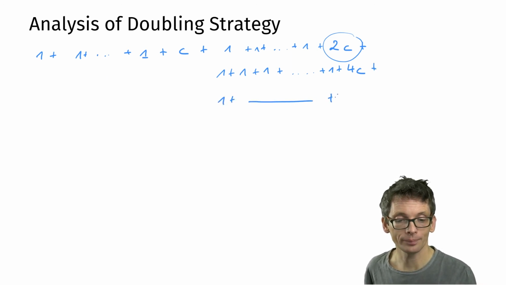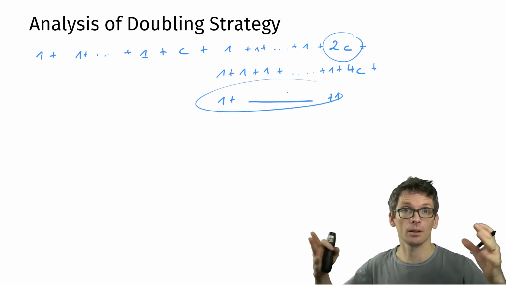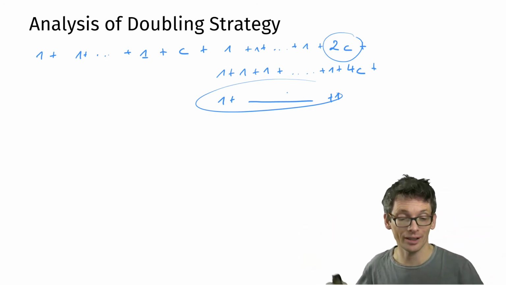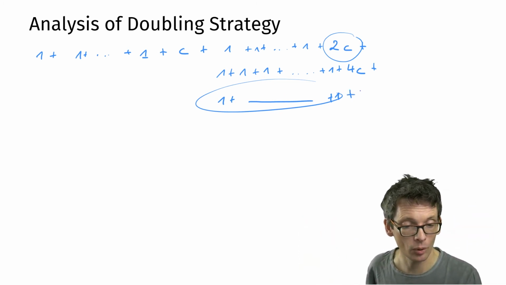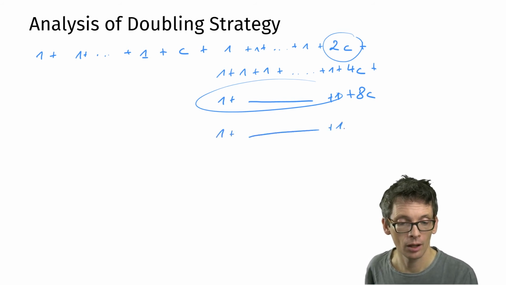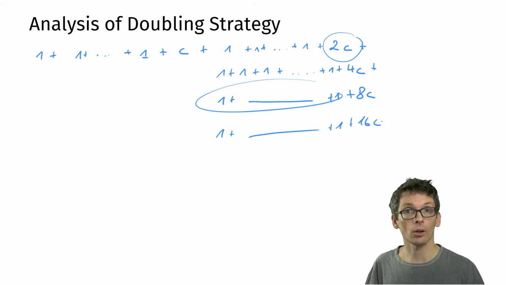And so on. And these groups of ones get bigger and bigger. I mean, they always double in size. I'm not writing them longer here, but they double in size. Because now this is already 8c, and 16c, and so on.